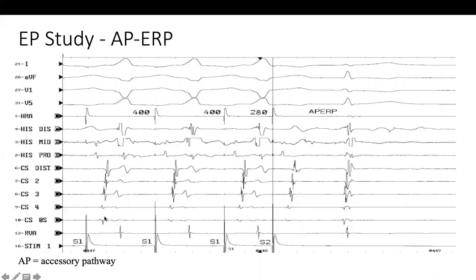Take the coronary sinus ostium, the more proximal ones. This is the more proximal, and this is the distal one. Definitely, the relationship between the A and V for the distal coronary sinus, which is reflecting the left side, is long, while this one is a little bit shorter.